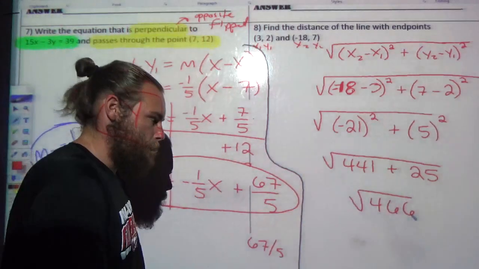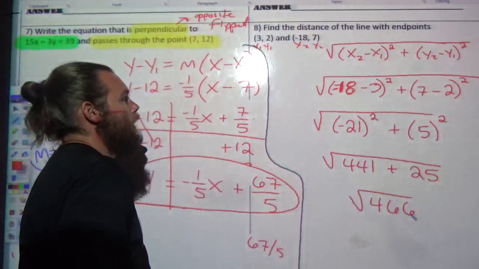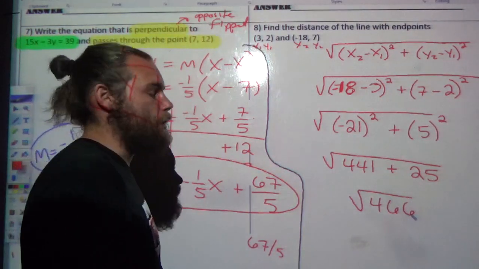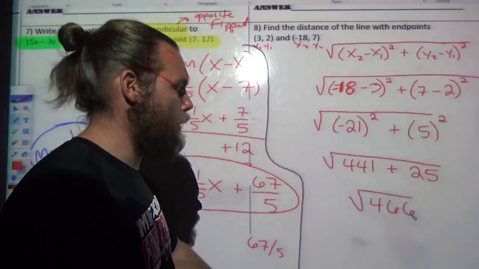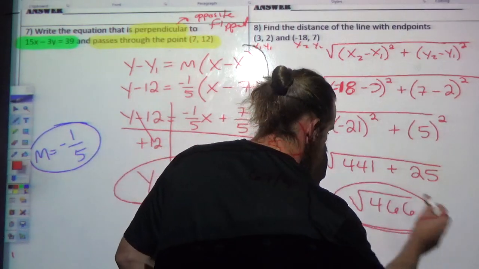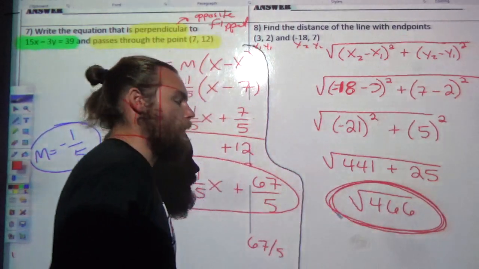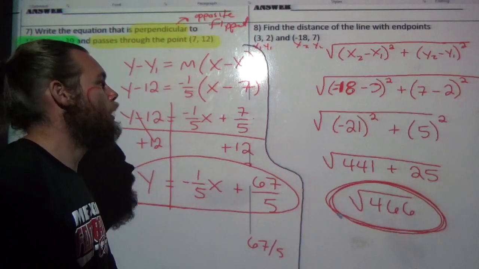Simplify if you can. Run through all of your perfect squares. If you take a couple seconds to do that, you will notice that there are not any perfect squares that go into 466. So you cannot simplify it any further, and you end up with the square root of 466.